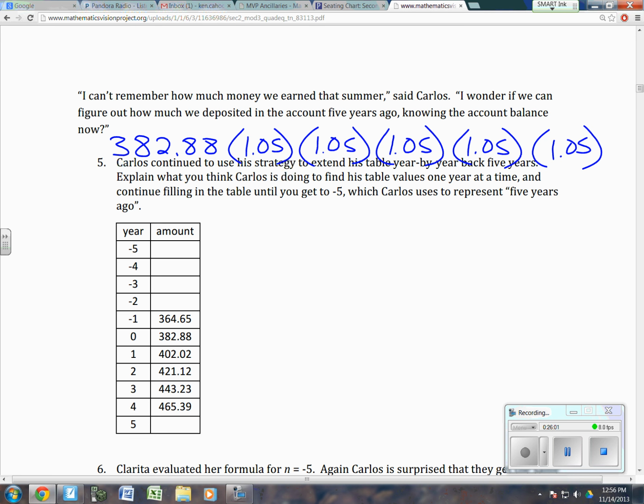Okay, Alex is going to show us the equation. That's the principal, investment, rate of interest, and time.